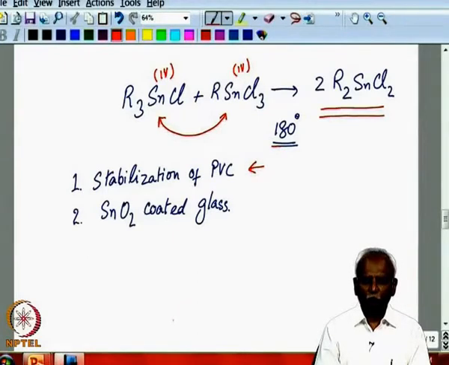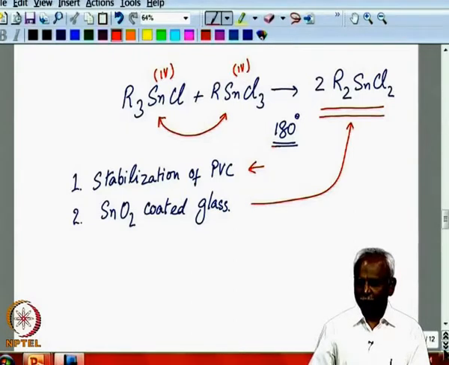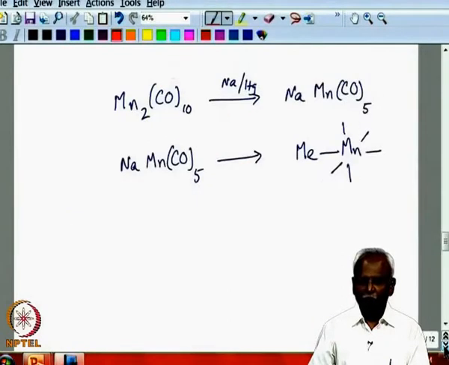R2SnCl2 is also used for the formation of SnO2 on glass, and tin oxide coated glass is a special glass which is very important in the industry as well. So, R2SnCl2 and R3SnCl are molecules which are reasonably accessible and fairly important in the literature.